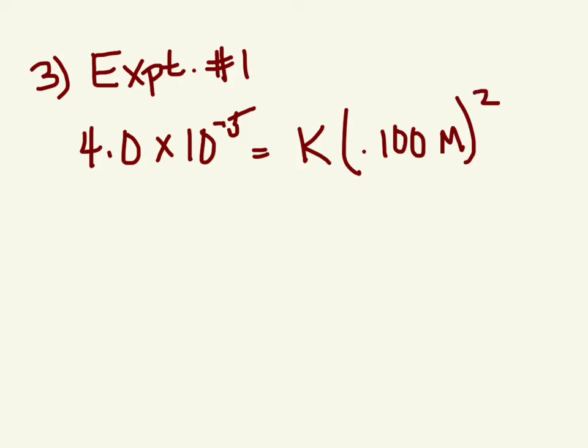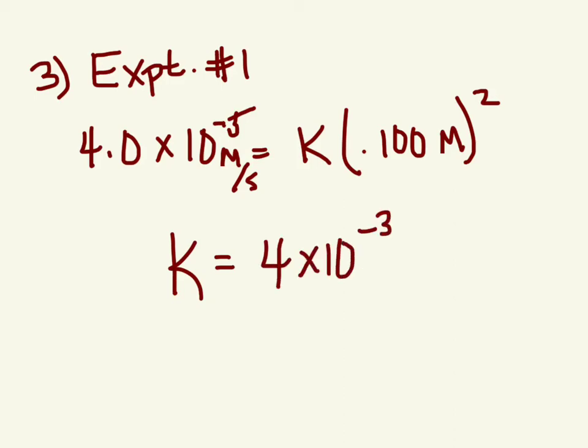The units over here were molar per second. Then you're just going to solve for K. When you do that, K is going to end up equaling 4 times 10 to the negative third, 1 over molar second. And that's your K value.